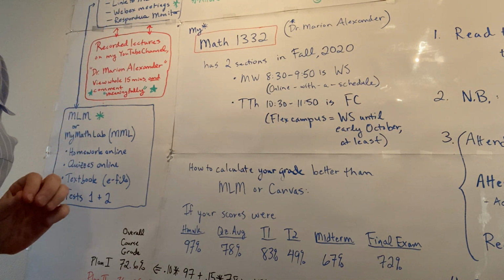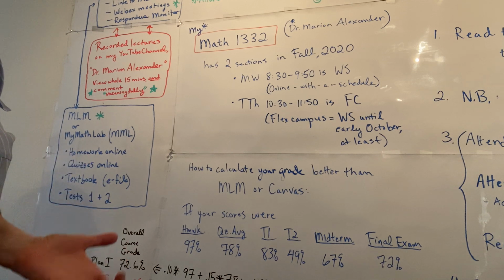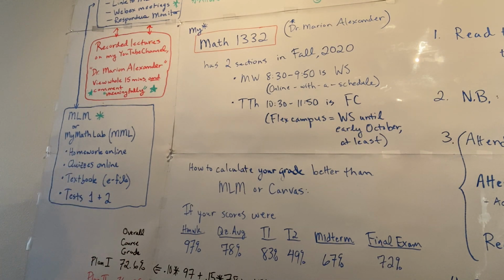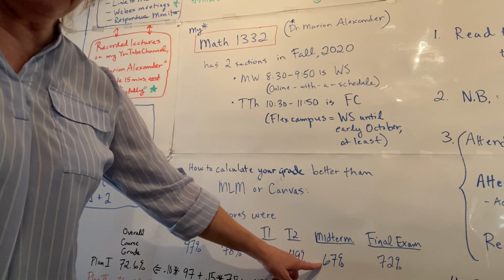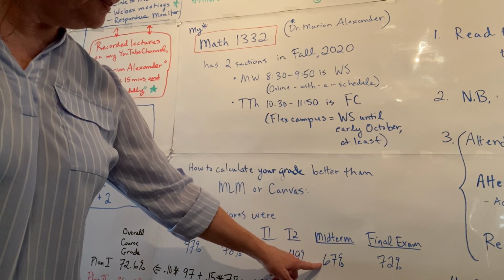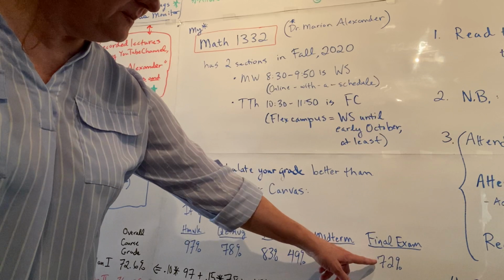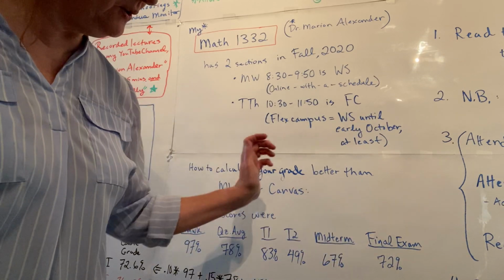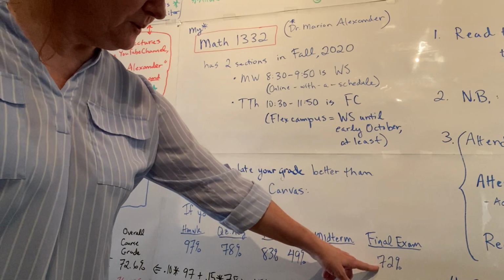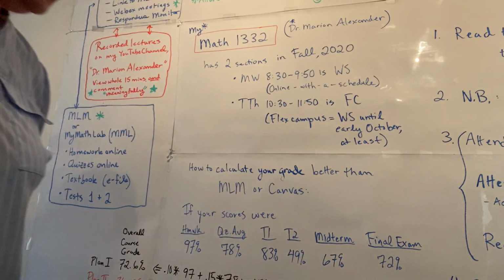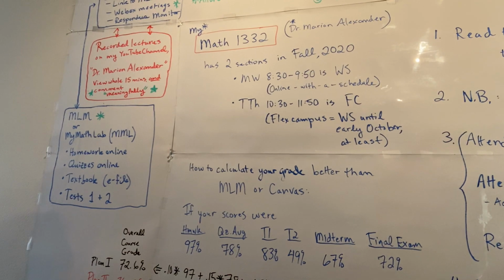Okay, so that is a different setup. You have to get used to that. Let's say on the midterm you got a 67%. The final exam, again going through Canvas using Respondus Monitor, you were able to get a 72. Okay, so what is your grade?